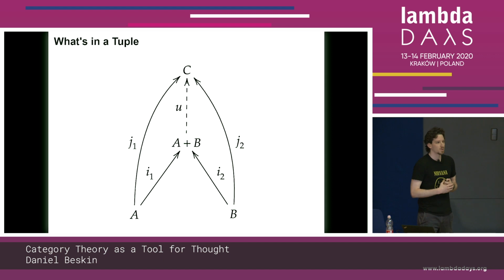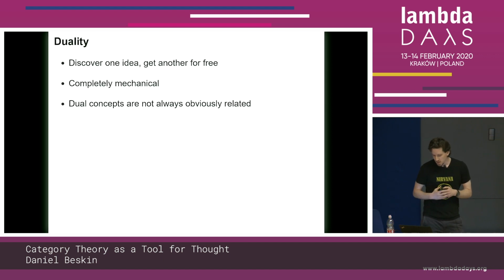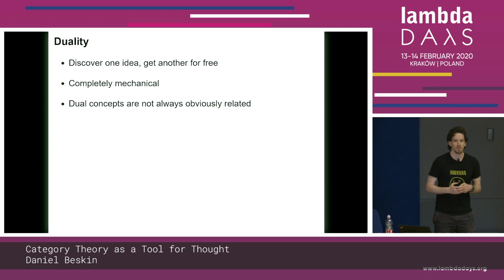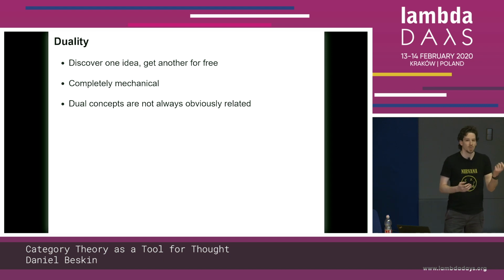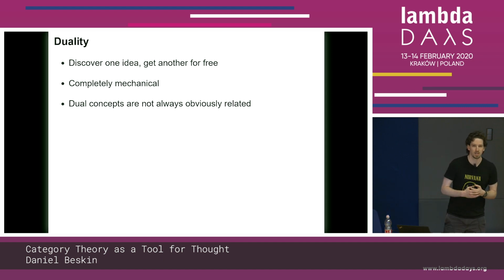And this is part of a more general principle called duality. So duality gives us ideas for free. Once we formulate some idea in the language of category theory, we can just reverse all the arrows completely mechanically and derive a new idea for free from it. And although in this case, either and sum types are kind of similar, it's not always the case that dual constructions are all that obviously related.